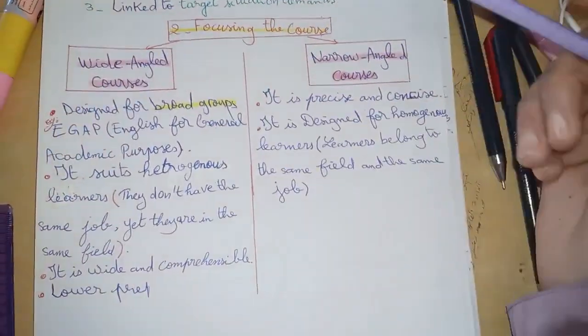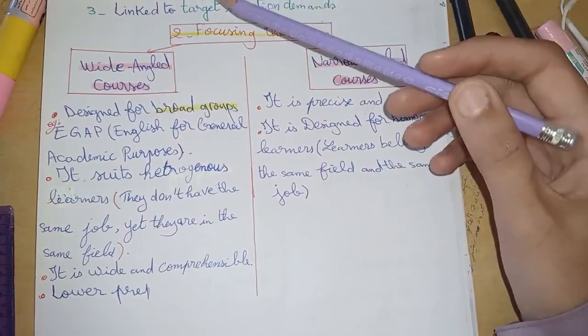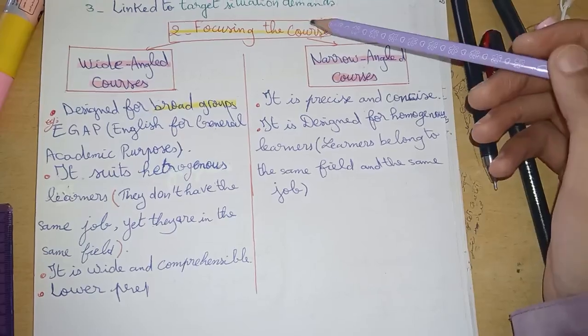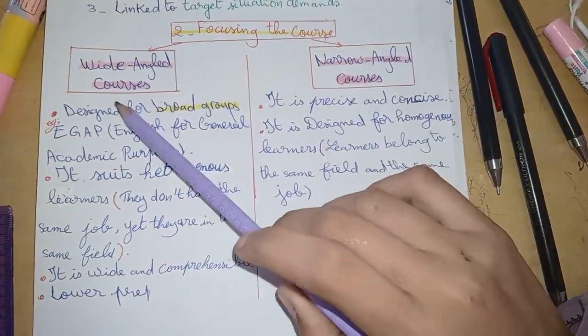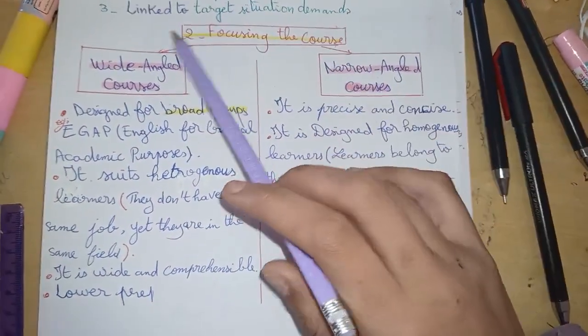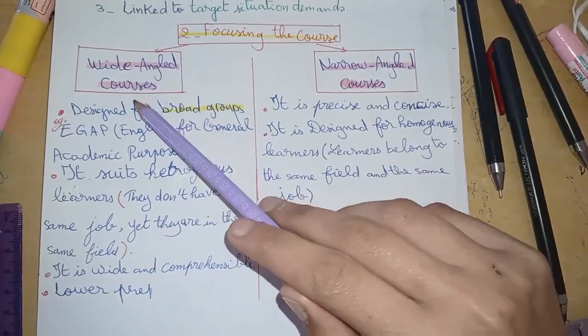And then we have focusing the course, or we say ESP focus. That is, what does the ESP course focus on? It focuses on two main branches. The first one is wide-angled courses.